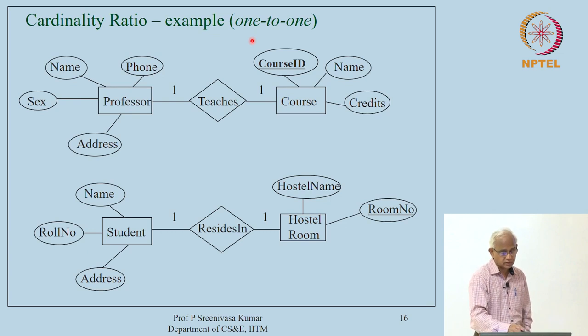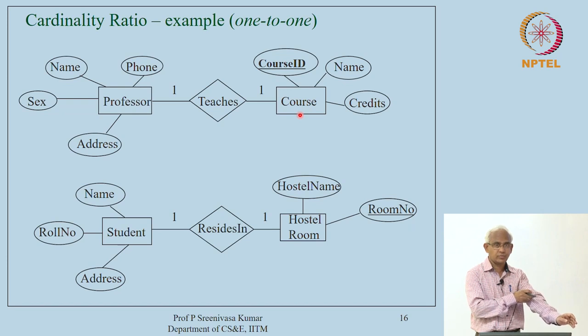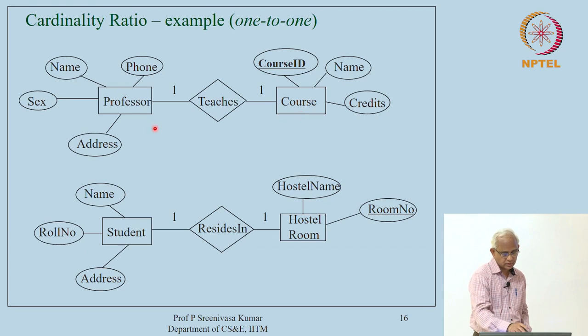For example, if there is a policy in the institute saying that each professor teaches one course, so no two professors simultaneously teach the same course, then the professor-teaches-course association called teaches is a 1 to 1 relationship.